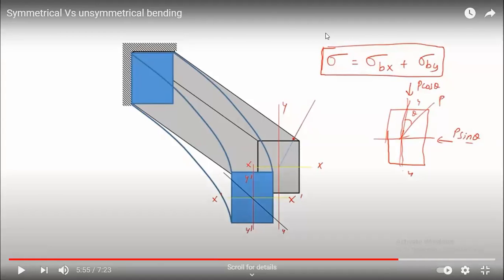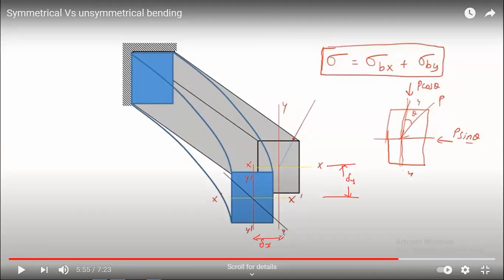Right, guys? Have you all understood what we mean by unsymmetrical bending? You can observe carefully: this is the deflection in y, and this is the deflection with respect to x.